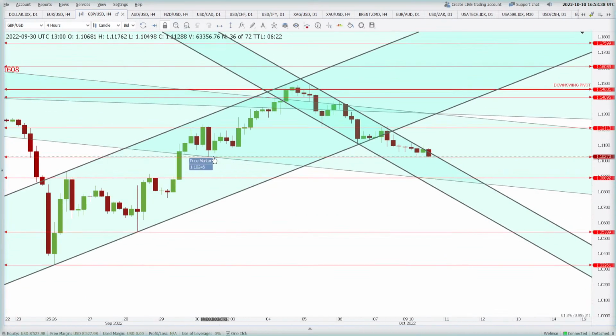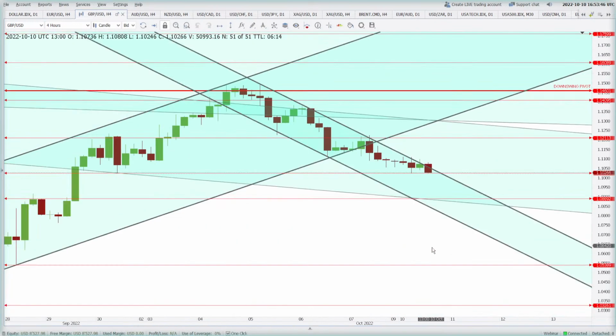Now I think a break below this level will open the way to 1.0889. Now what is the low that it has made? The low that it has made as of now is 1.10246, and that was the price marker. And just now the price has seen 246 only.